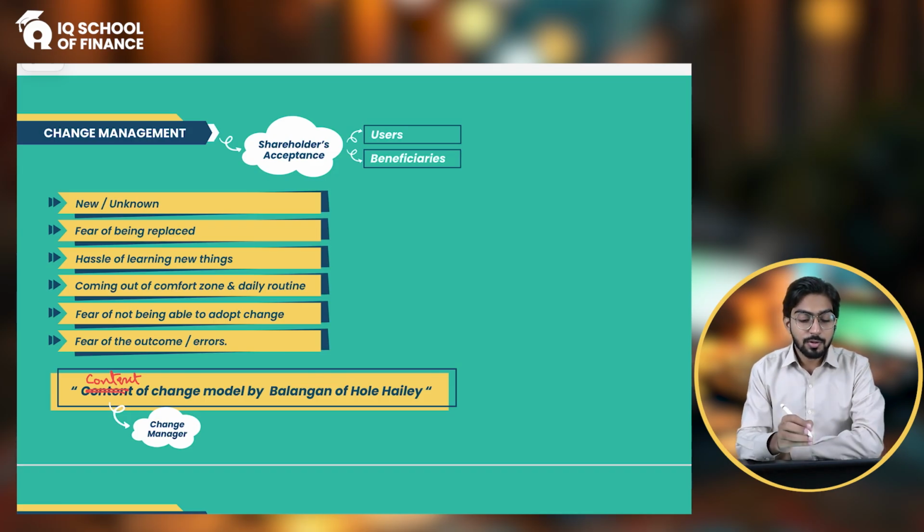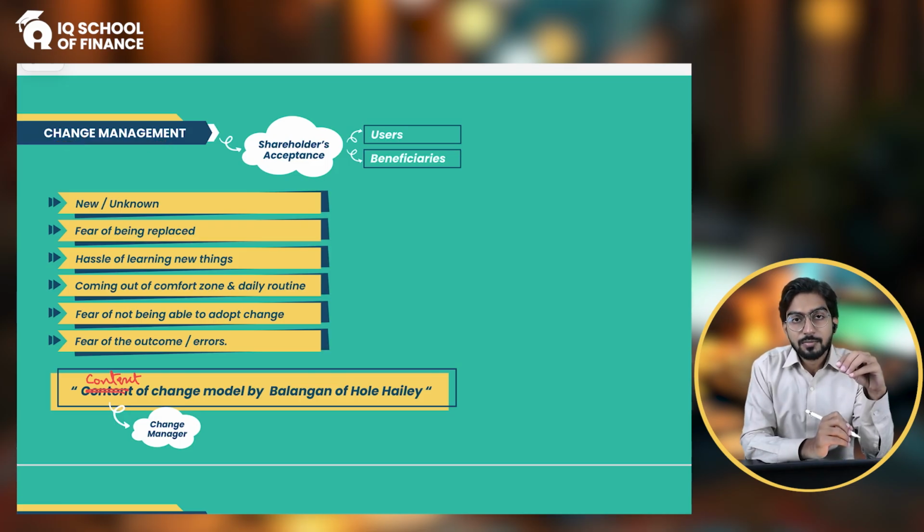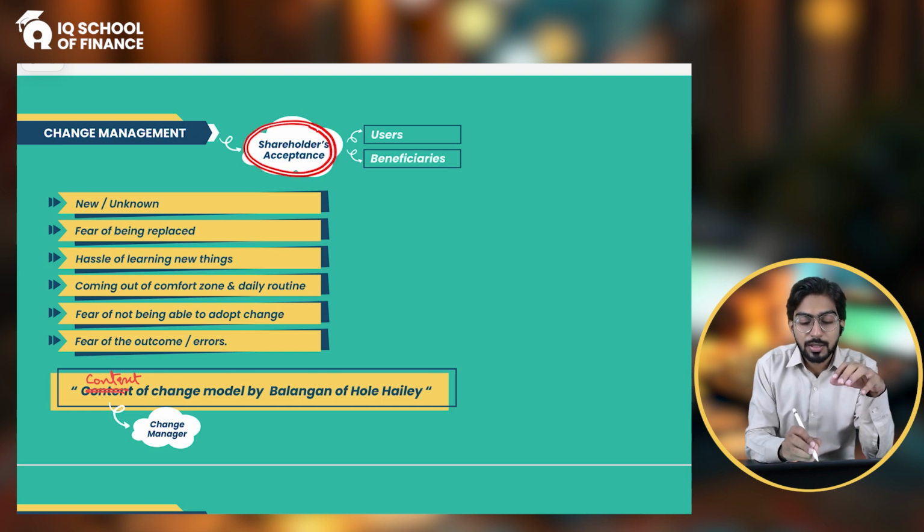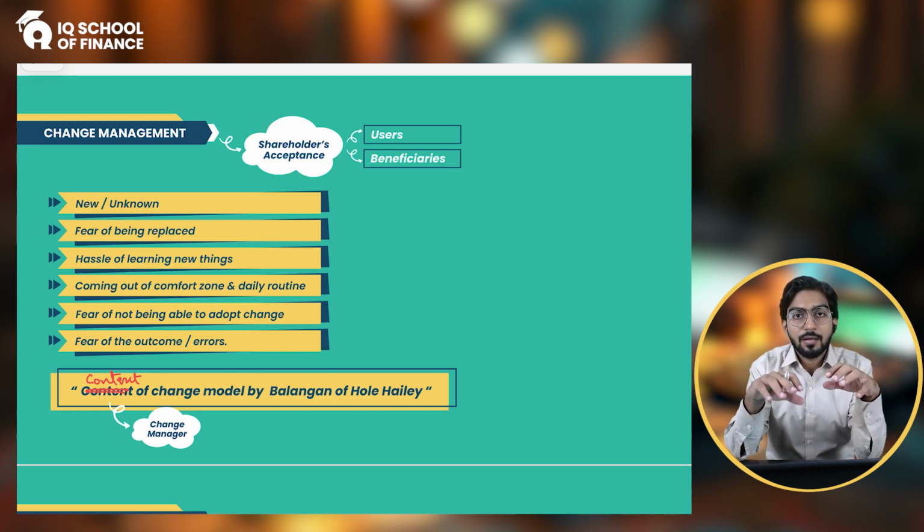If I talk about change management, while managing the change, the most important thing is the stakeholders. The change which you are going to bring is already planned, and you know how you're going to implement it.